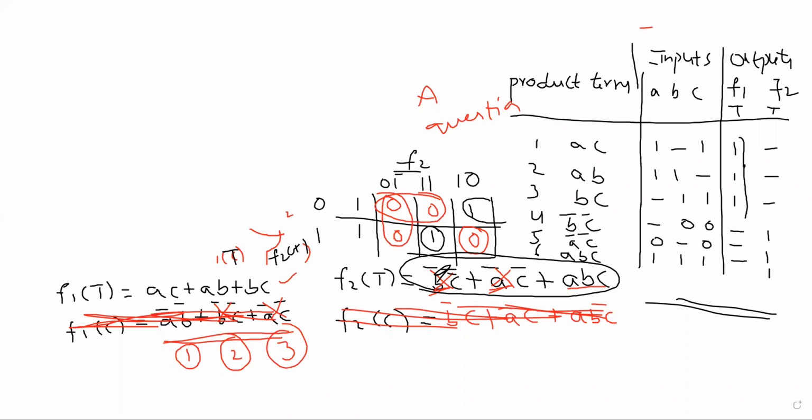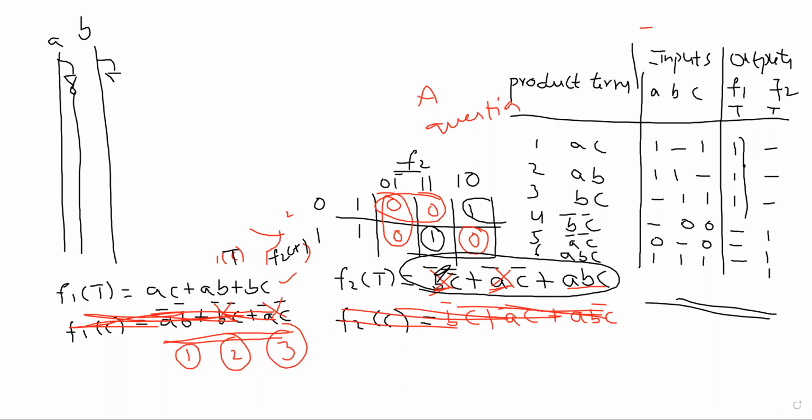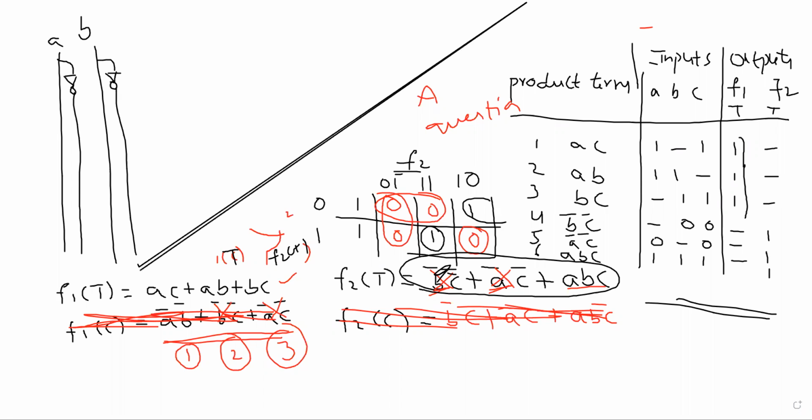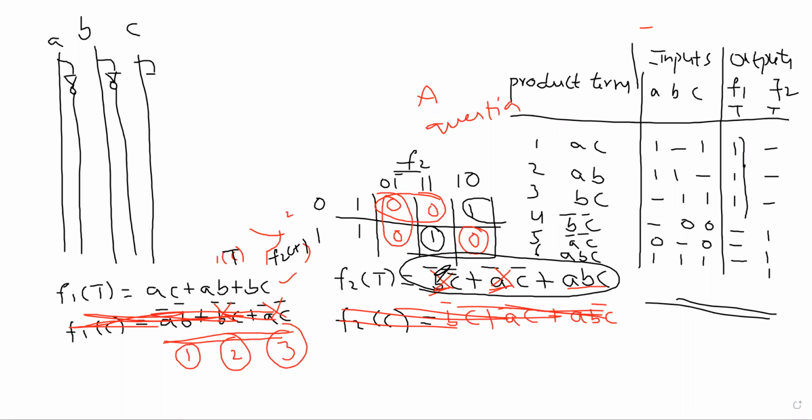If you observe how I'm going to draw here, since there are 3 inputs, I can write A complement, similarly B complement, similarly, sorry for the inconvenience guys, C complement.